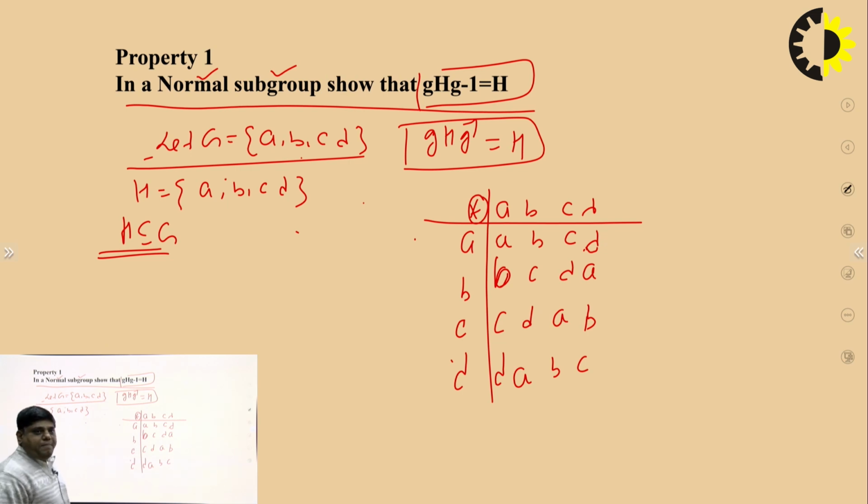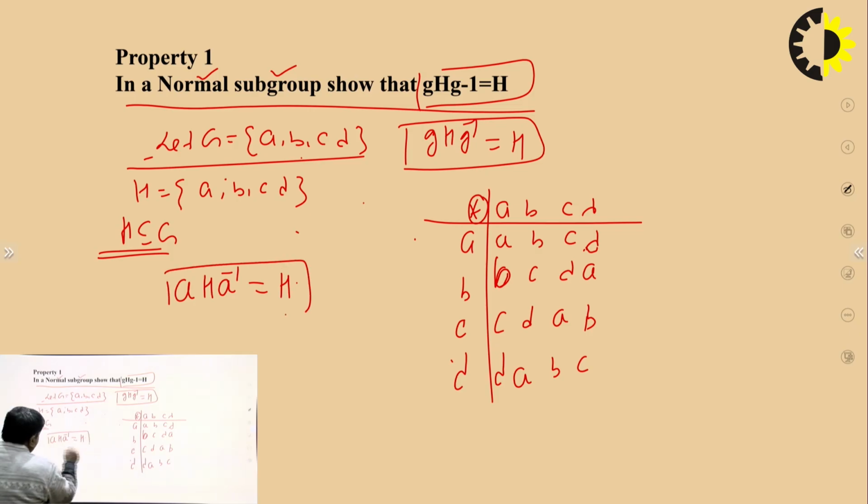The identity element is A in this problem. Now if we operate any element with H and the inverse of that element, and we find H, then the theorem is proved.